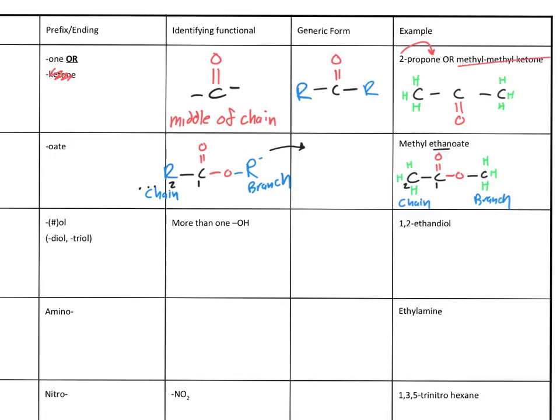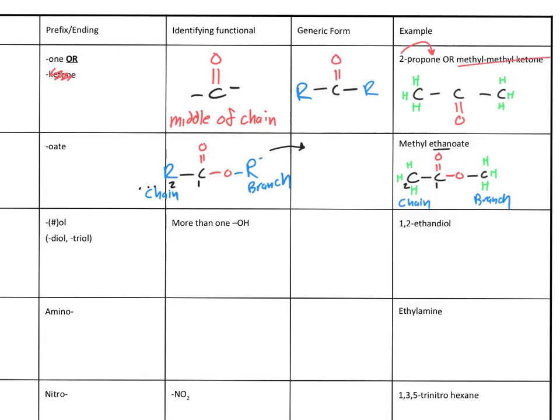The next type of functional group is something that we refer to as a glycol. And a glycol is basically an alcohol, like the very first functional group from the other side of this sheet, except for the fact that it has more than one OH attached to it. And those OHs can be anywhere on the chain.